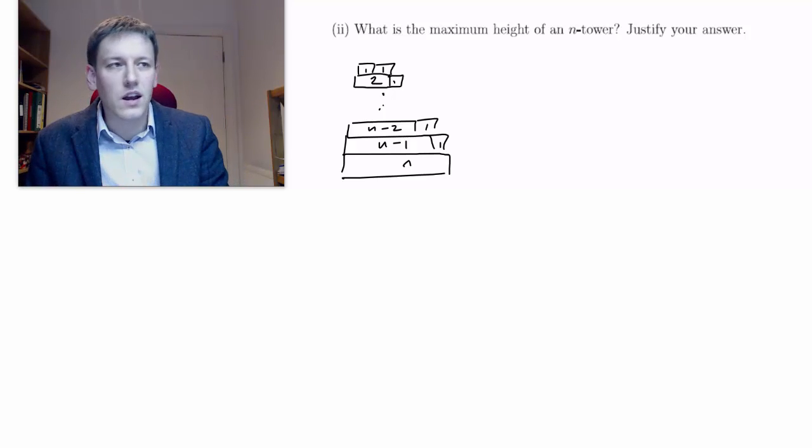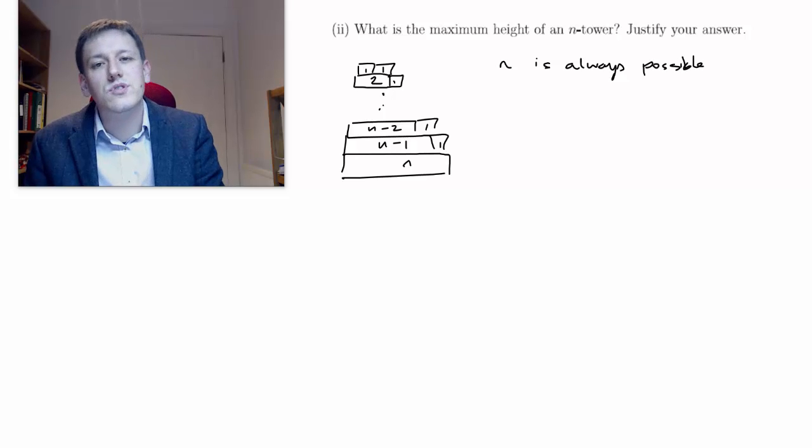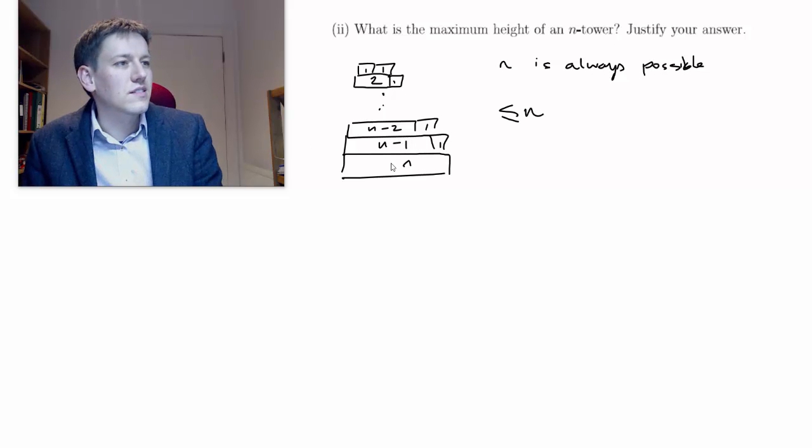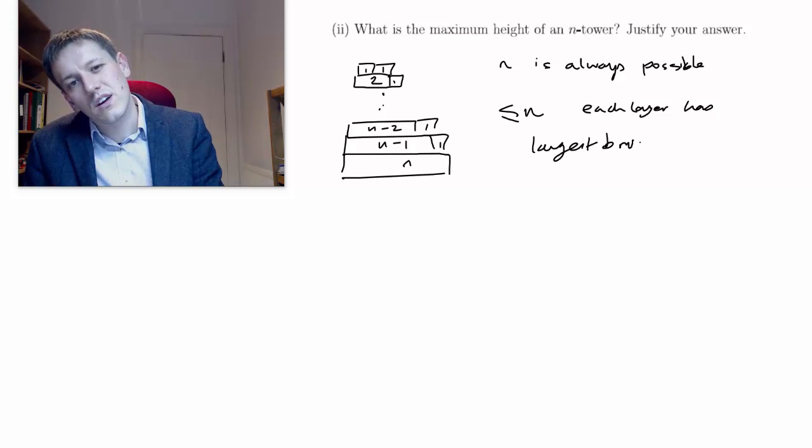Okay, so you should also write something in words here to that extent. This diagram here shows that n is always possible, and also it must be less than or equal to n, because each layer has the largest brick smaller than the layer below, or something like that.